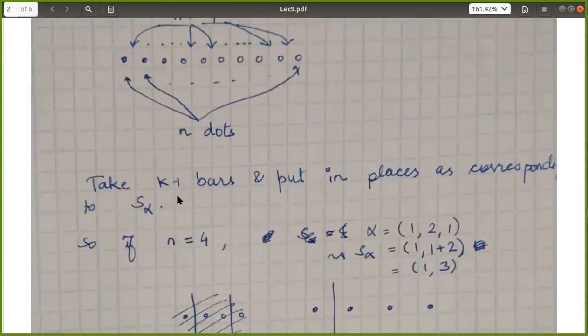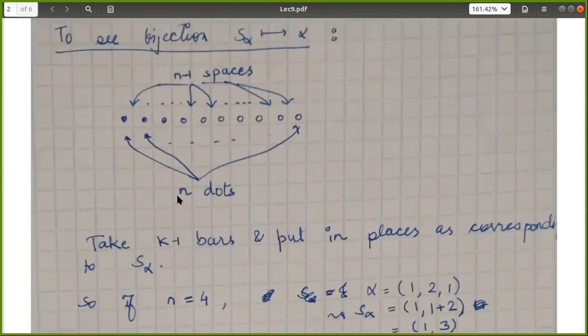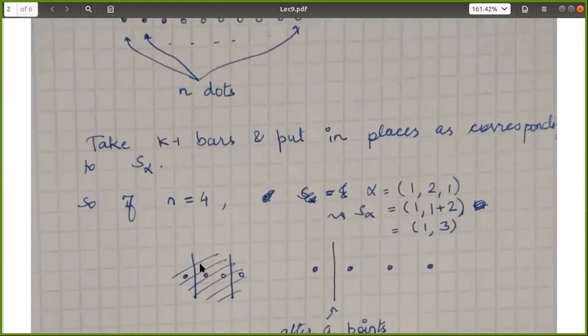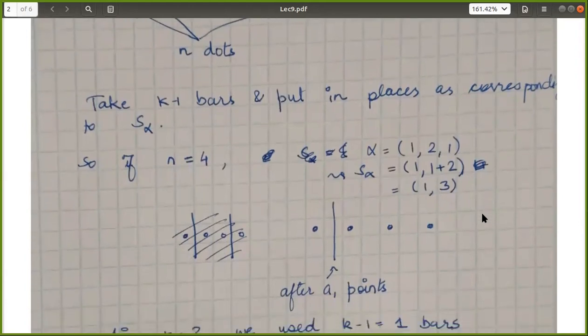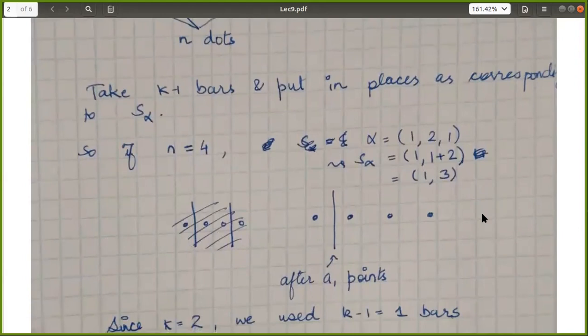So, okay, this is just a theory which I just explained. You take k minus 1 bars and put them in places corresponding to S alpha. So if n is 4 and S alpha is 1 and 3, you put a bar after 1, and then for the next one, you don't need anything. Oh, I'm sorry, there is a mistake in this.